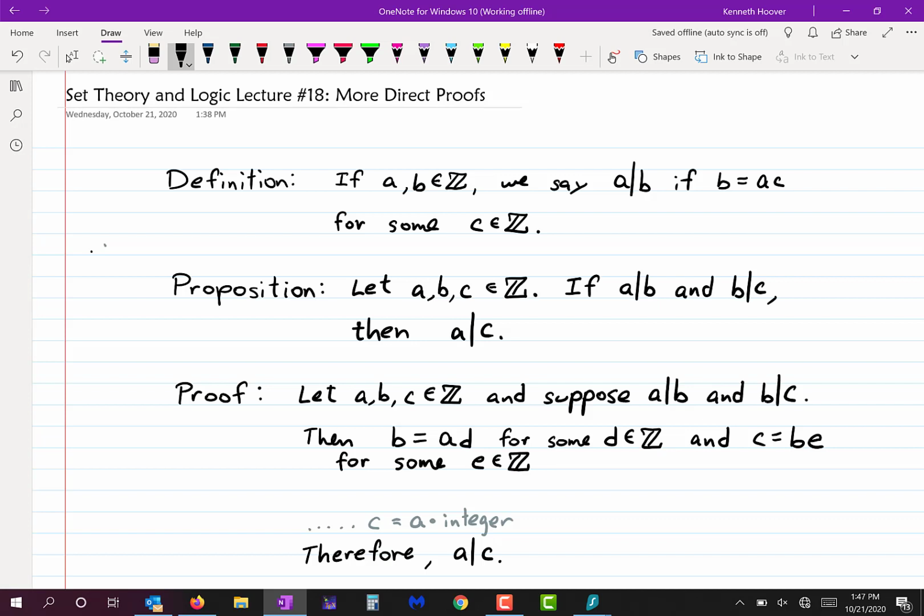And what is my reasoning for saying that? Because a divides b and b divides c, and that's what the word divides means. So I'm going to write by the definition of divides. Okay? All right.